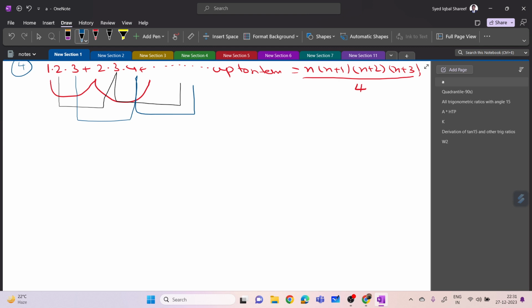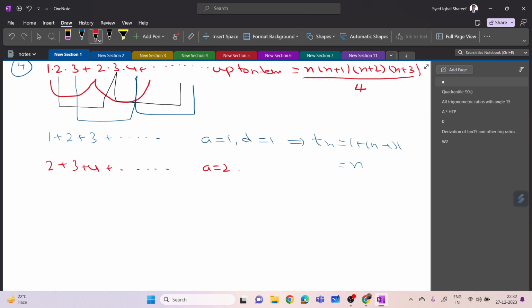So now the first factors are 1 plus 2 plus 3 and so on. So here A equal to 1, common difference is 1. So Tn equal to 1 plus (n minus 1) into 1. So it is just n. Now if we go with the second one, it is 2, 3, 4, and so on.